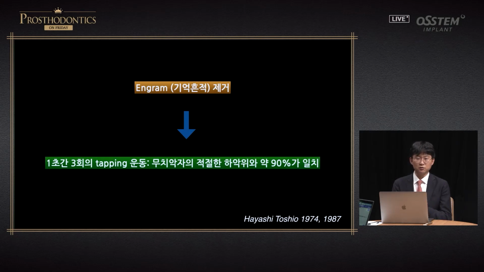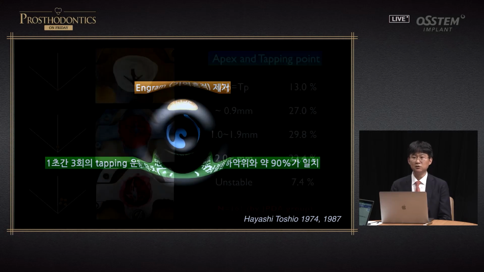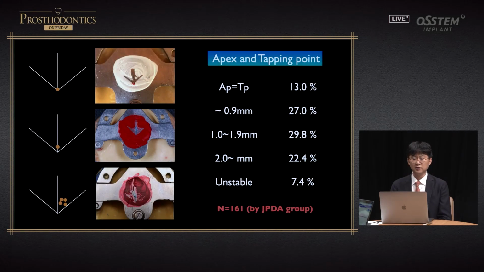The position to get occlusion is not the apex. As I said before, edentulous patients have a relaxed joint ligament and they can be pushed backward. So we need to find the position where repeated chewing can be made to obtain occlusion.